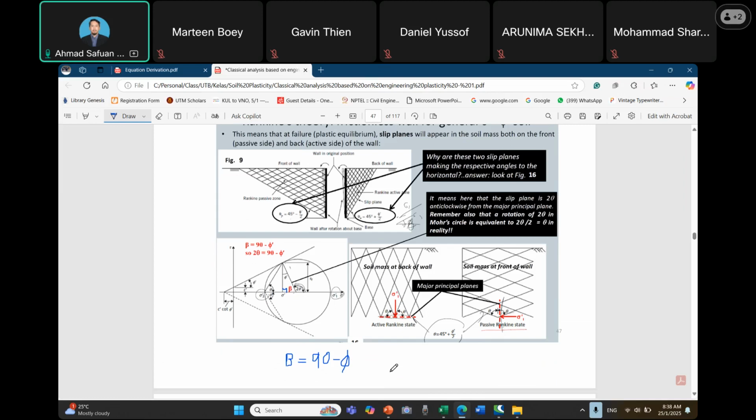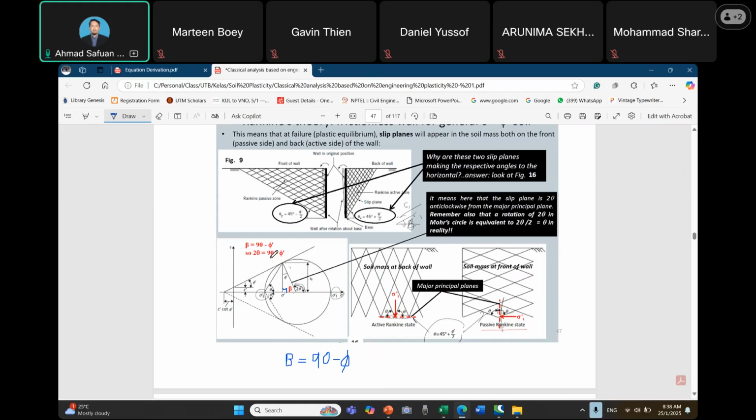Then for the active, this part is equivalent to 2 theta.